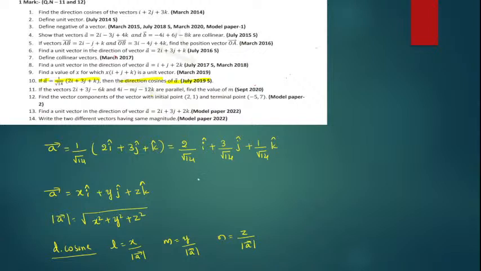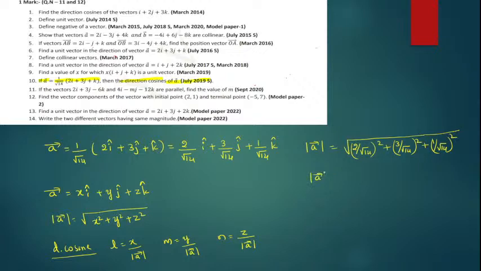So same as usual, you need to find the magnitude of A. That is equal to the square root of first number square, that is 2 divided by root 14 square, plus 3 divided by root 14 square, plus 1 divided by root 14 square. So first you find its magnitude.